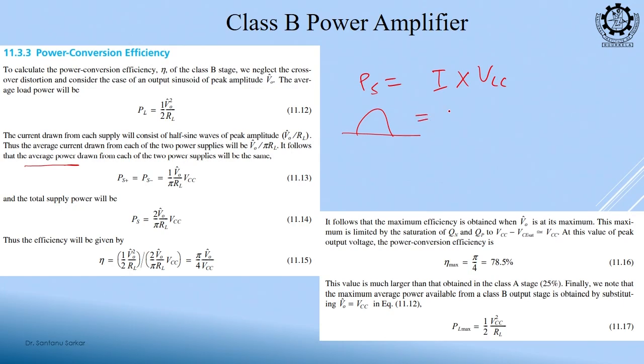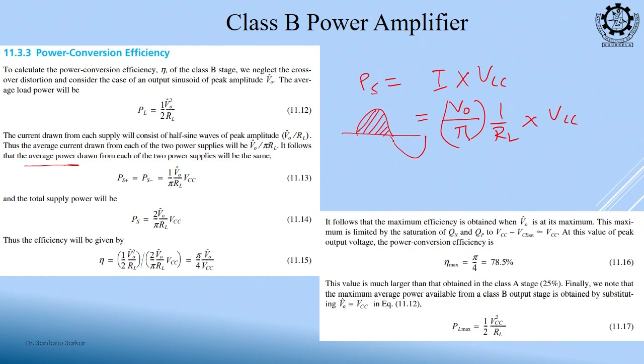Now, this I is my peak current, and I have to find the average, right. This is my average supply by RL, so this is my current into VCC, clear, because I am taking the average of this.